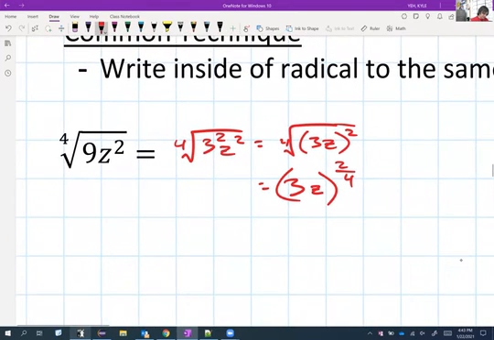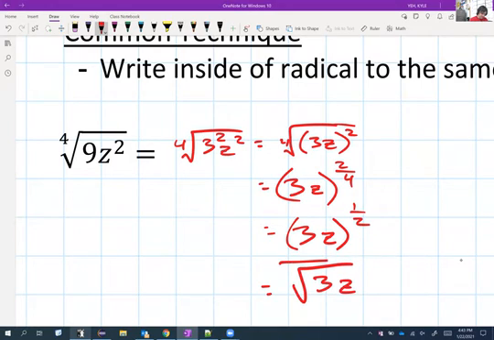You say, well, that's just 3z to the 1/2 power. And so by writing the inside, the radicand, all something squared, now I can use that squared and the fourth root and simplify what root I'm taking, which is always a good thing when we're simplifying. 3z to the 1/2 power. If you remember, what is that 1/2 power? Square root.